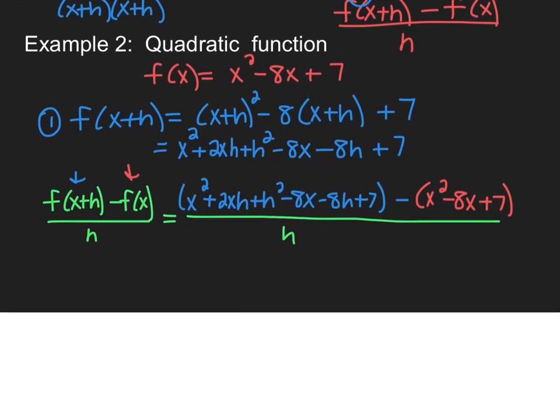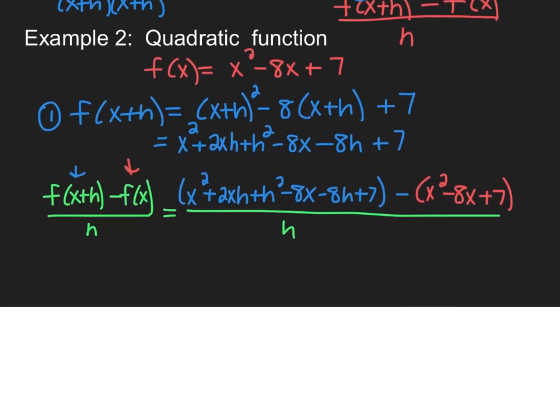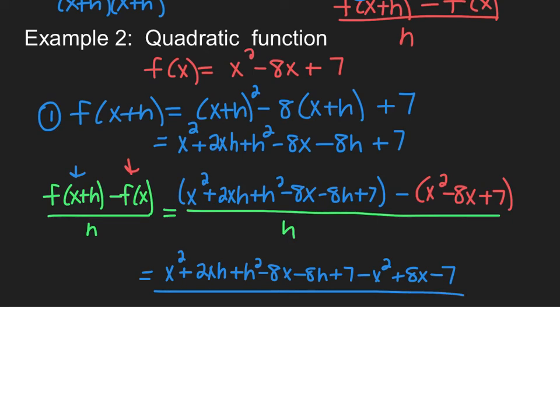Our next step along the path is going to be to distribute that negative all the way through the numerator. Remember, we're dividing the whole thing by h.